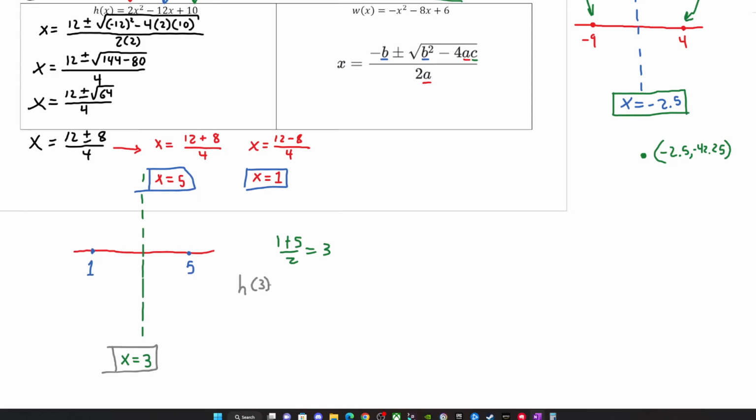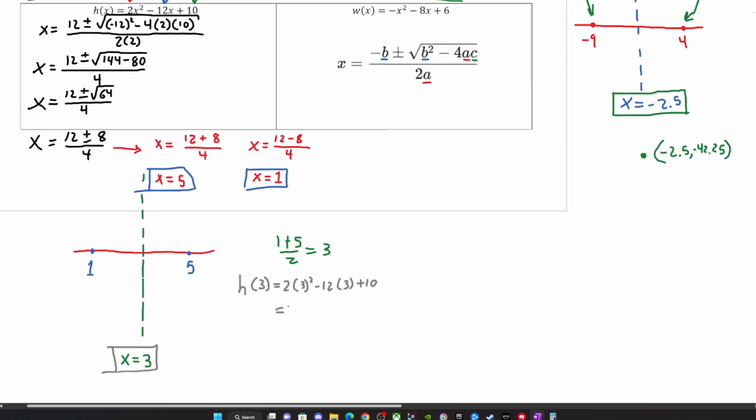Not h of x anymore. Now it's h of 3. Well, h of 3, that's just going to be 2 times, instead of x, I'll write 3 squared, minus 12 times 3, plus 10.